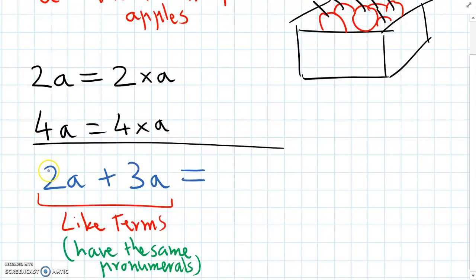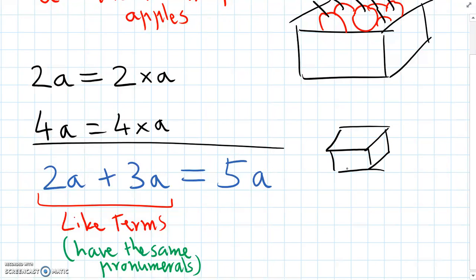So if we have 2 times the number of apples plus 3 times the number of apples, that's the same as counting 5 times the number of apples. So we can picture it's like having 5 lots of that box of apples. Five times however many apples are in that box.